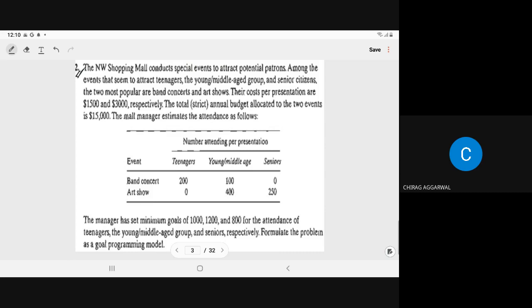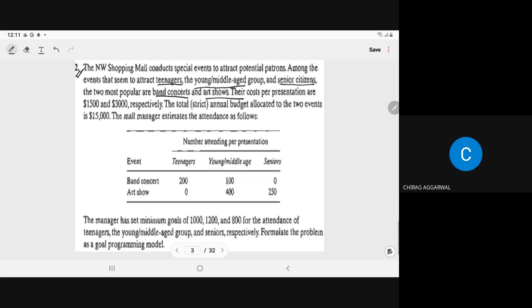They arrange special events to attract customers. Their customers can be teenagers, young middle aged group or senior citizens. Customers can be of any age. Among the events that seem to attract teenagers, the two most popular are the band concert and the art show.